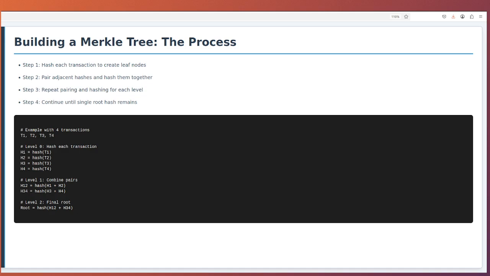Then you take those results and pair them up again. H12 and H34 get combined and hashed to create H1234, and so forth. You keep climbing the tree, halving the number of hashes at each level, until only one hash remains at the very top, the Merkle root. This root is stored in the block header and represents a cryptographic summary of all transactions in the block.